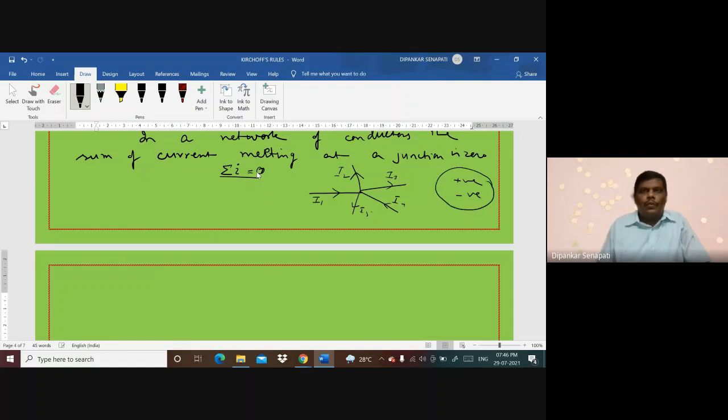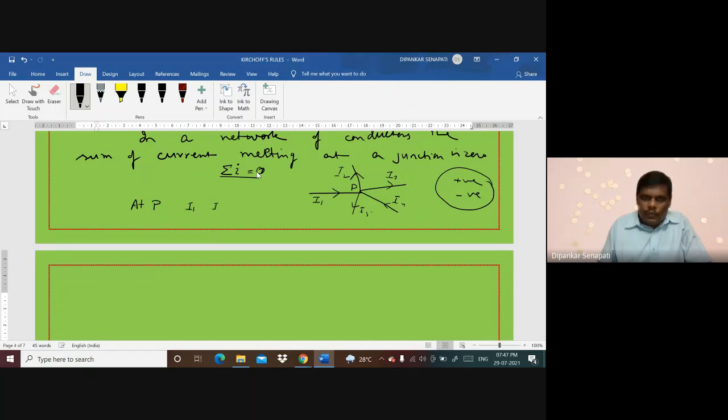So which currents will be taken as positive, which will be negative? Very simple to understand. Current meeting the point or incoming to the point P is taken as positive, and leaving the point P is taken as negative. So at junction P, according to Kirchhoff's first law, I1 is positive.